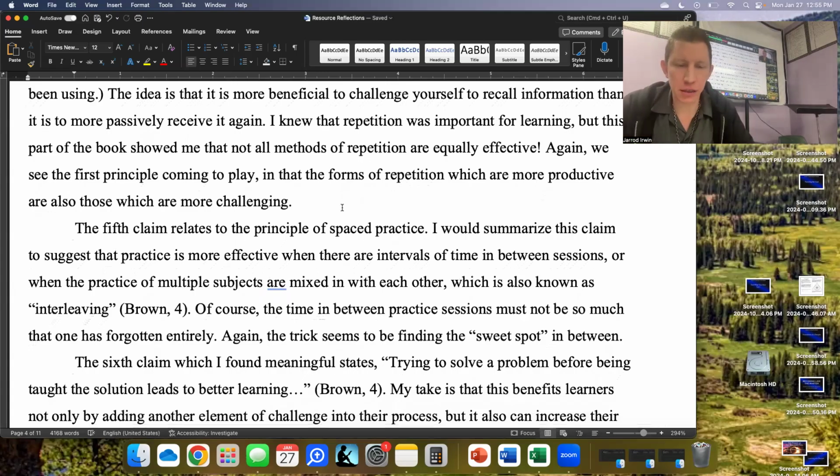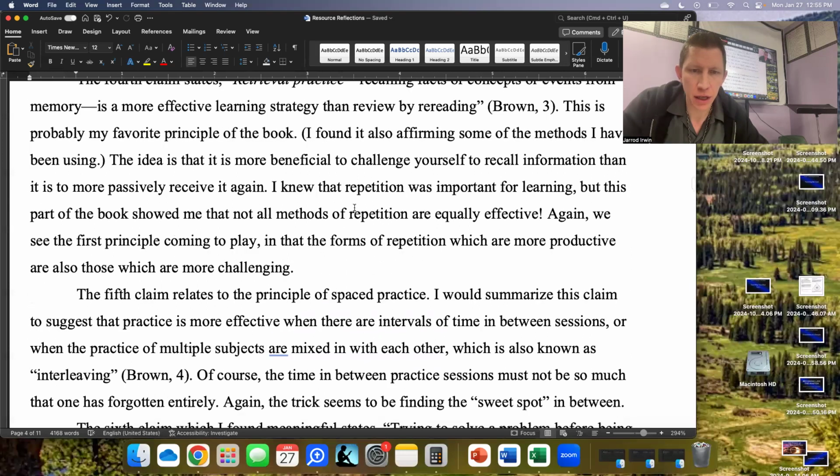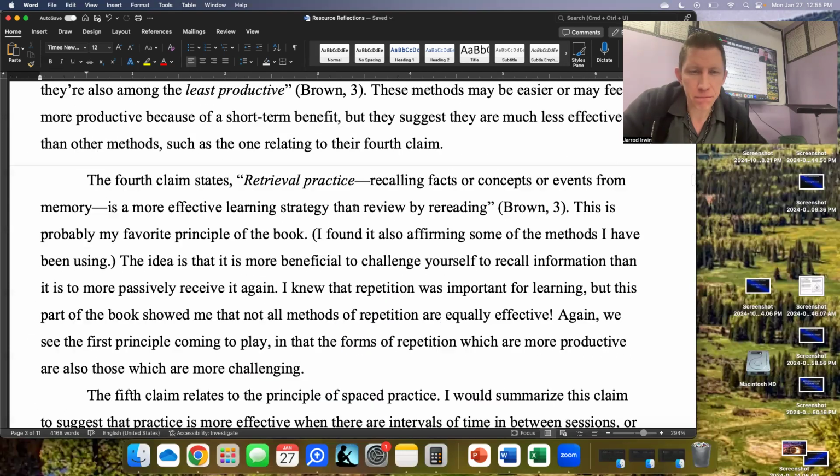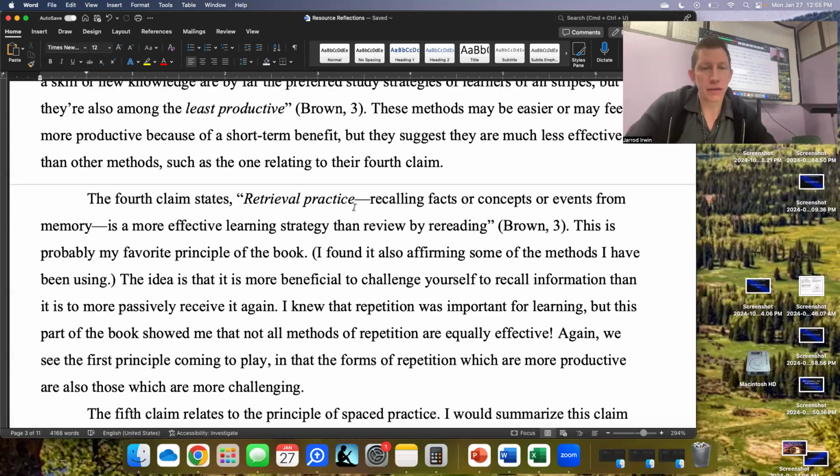So the retrieval practice. Here's what I said: challenging students to recall info for themselves as opposed to them passively reviewing it through rereading, listening to a summary, etc. That's what I put. Active review is better than passive review. So yeah, the retrieval practice is more specifically related to that active review. It's not so much about the timing.